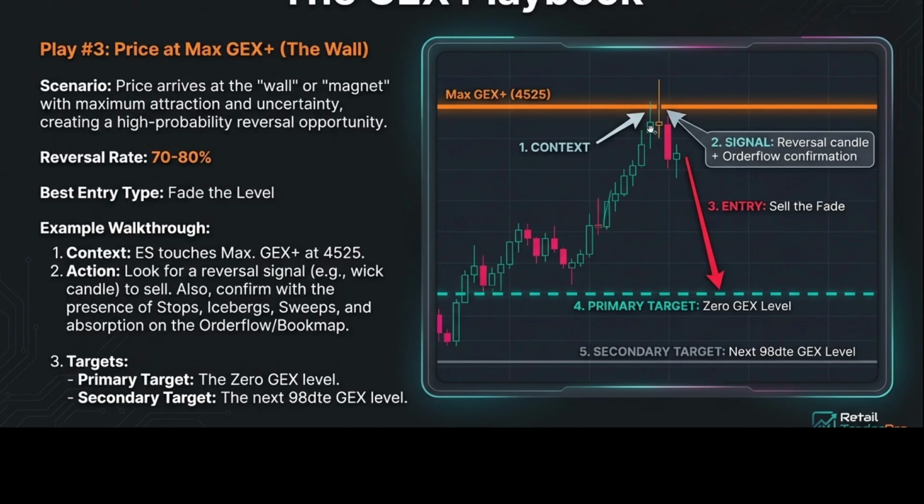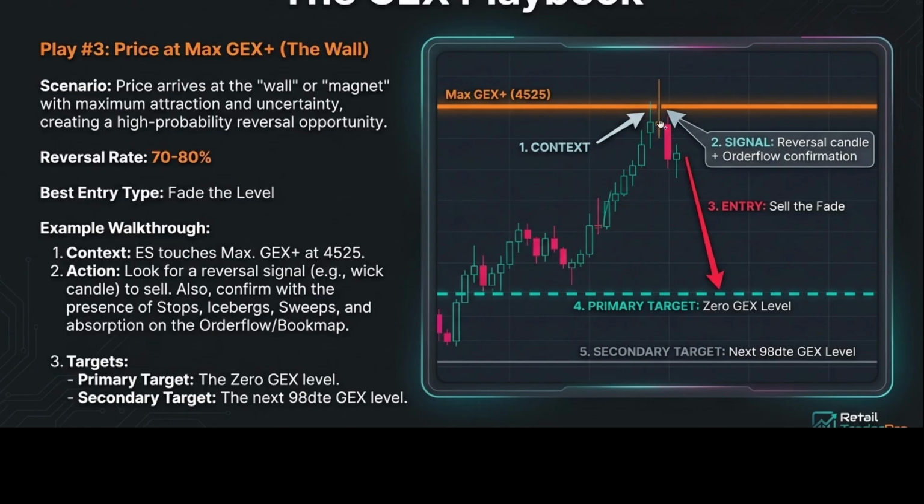If you compare the effect of the price here, there is 70 or 80% that the price reverses rather than breaks the level. In this case, we have to go with the probability, and we want to take a short position here. The best entry is to fade the level.